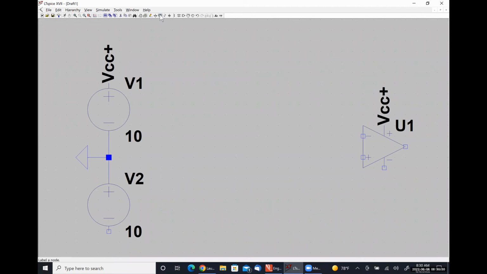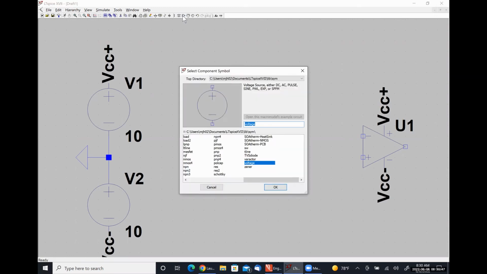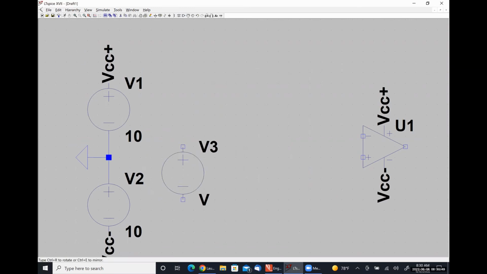I will also label node VCC minus and apply this VCC minus to my negative power supply terminal. Now I'm going to add a voltage source, and this guy is going to be for my reference voltage.